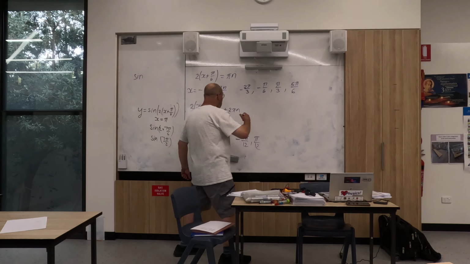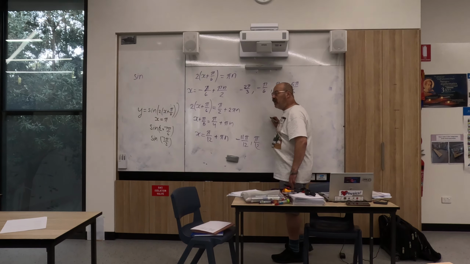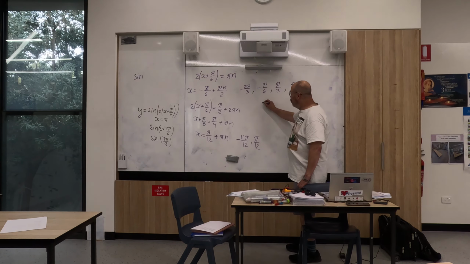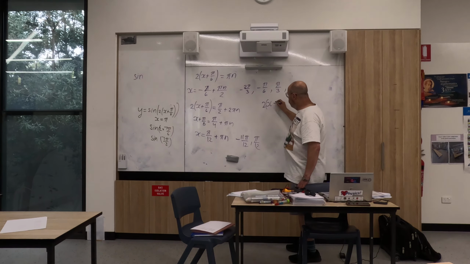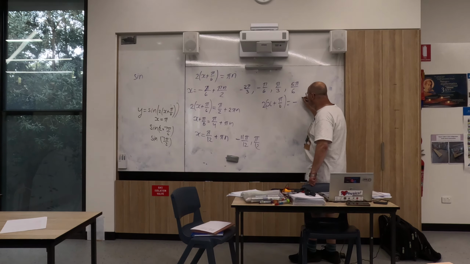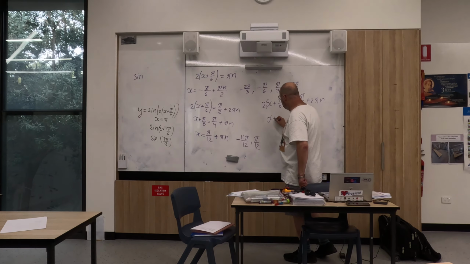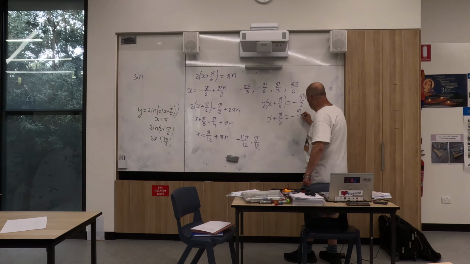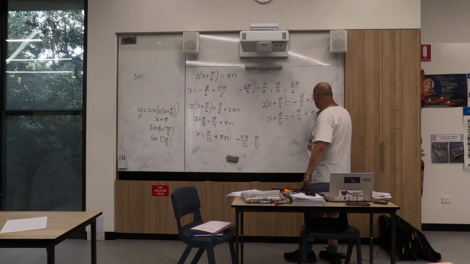Now let's find minimums. When it's negative 1, we have 2x plus pi on 6 equals negative pi on 2 plus 2 pi n. We have x plus pi on 6 equal to negative pi on 4 plus pi n.